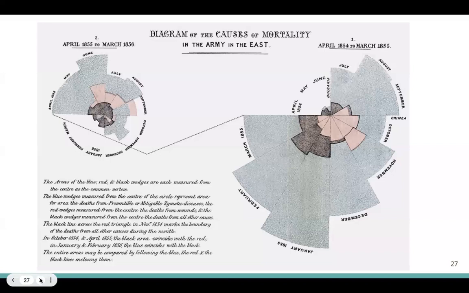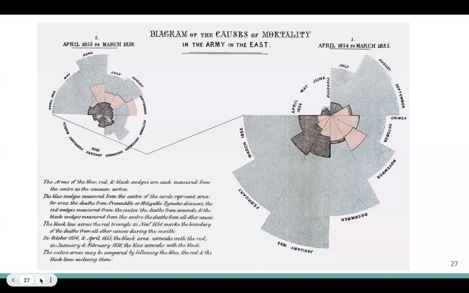The blue wedges, which are actually the largest slice, represent deaths from what she called preventable or mitigable diseases. That is, infections that happened to the wounds, and other healthcare related issues that the soldiers were facing.